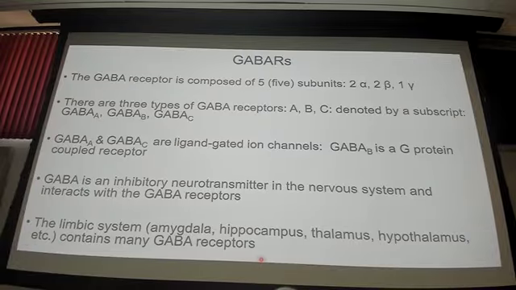And so there are 3 types of GABA receptors. You have A, B, C. And GABA B is a G protein coupled receptor. These receptors are found throughout the central nervous system, in the hippocampus, thalamus, hypothalamus, and other areas as well.